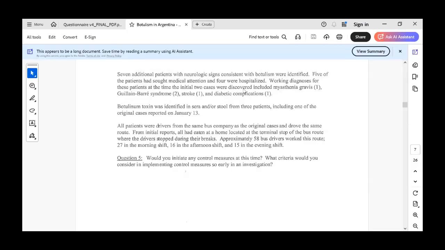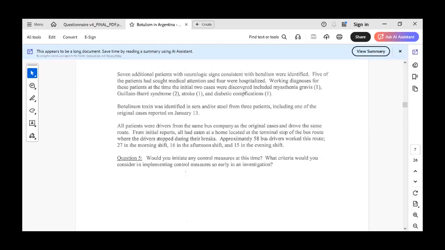Okay, so the severity is what tips you to the other side of suspending the food services at the source, or what we think is the source, at the home where the persons ate. So the severity of the disease, the population at risk. A very important point too is whether you think exposure is still occurring, right?